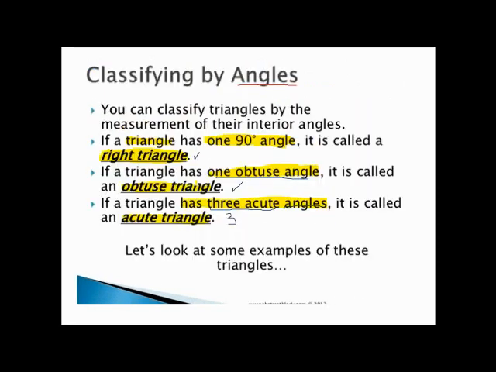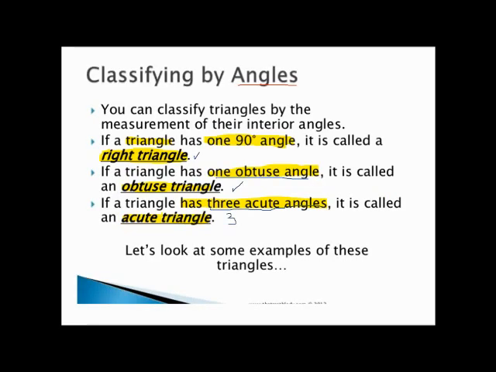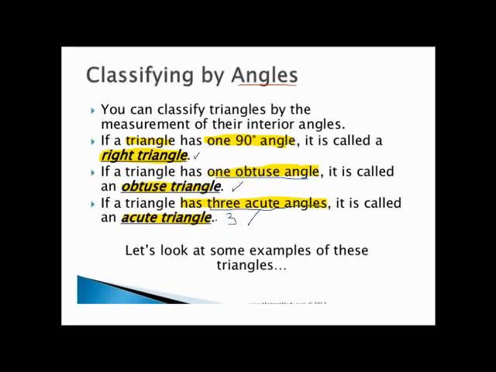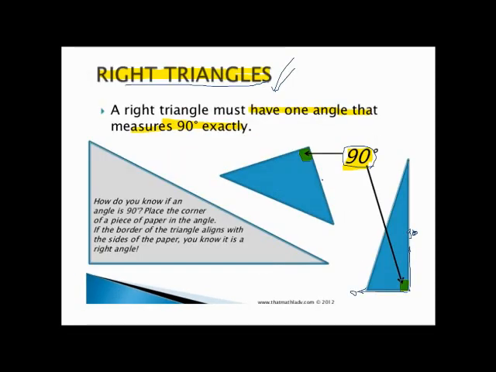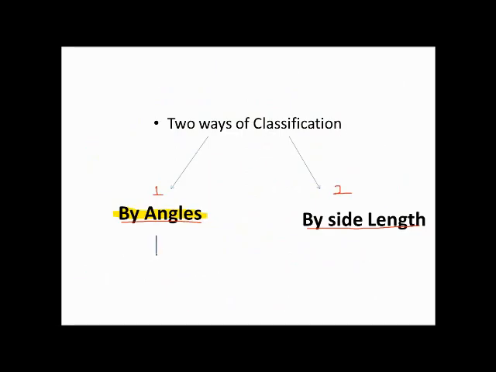So this is the first thing here. We have classified them all according to the angles. We finished the acute triangle. There's an important note here: the angles in any triangle in the world must all add up to 180.